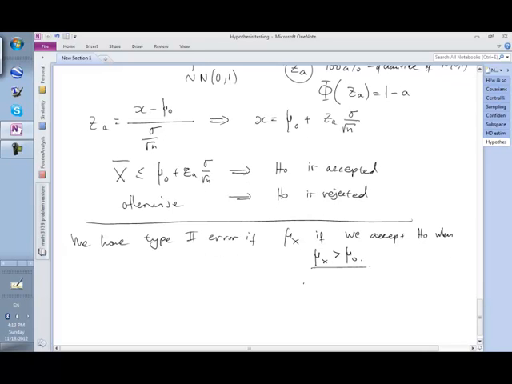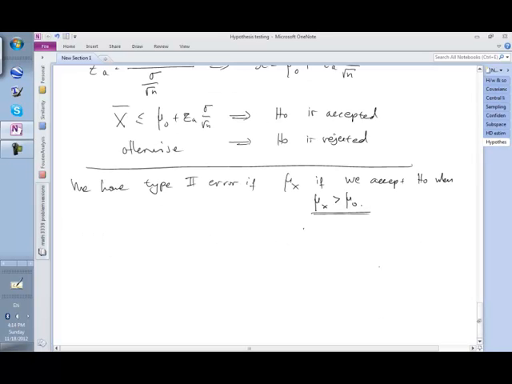Well, there are many values for the mean to be greater than mu sub 0. So what we actually do here to be able to begin assessing that error is to take a value for the mean of x which is greater than mu sub 0.